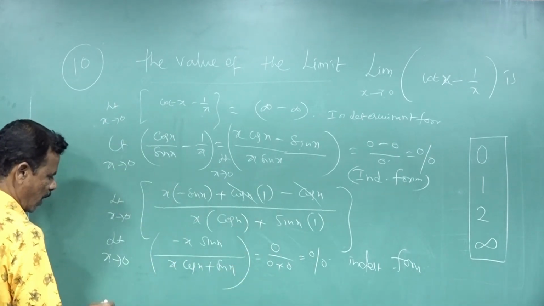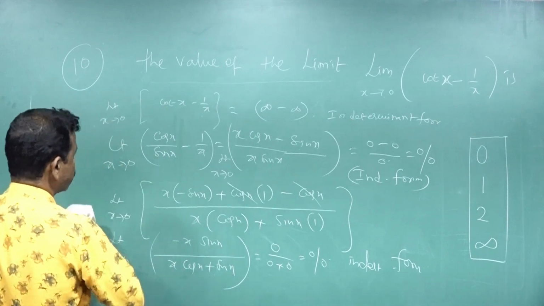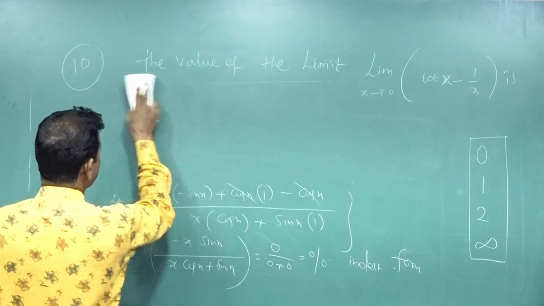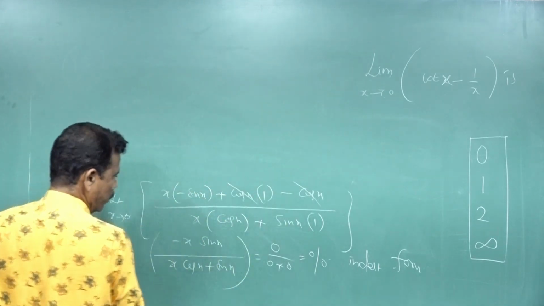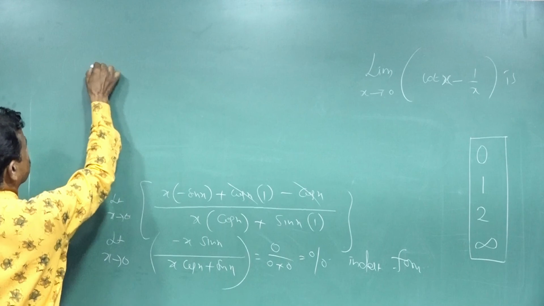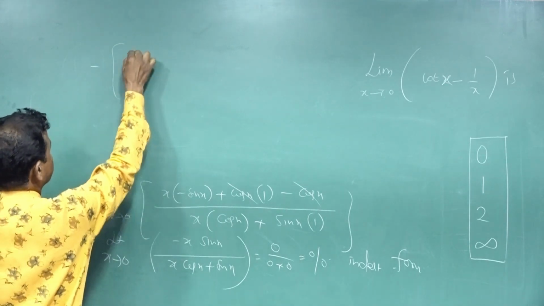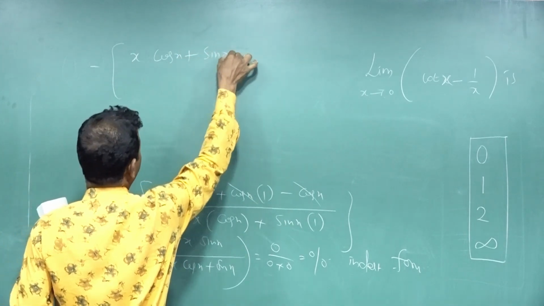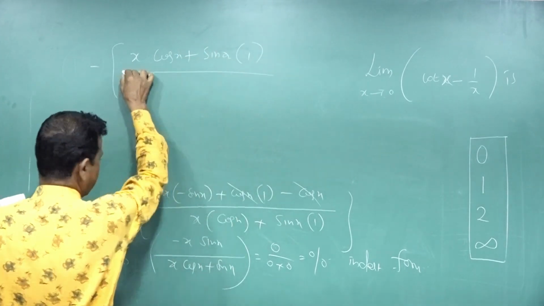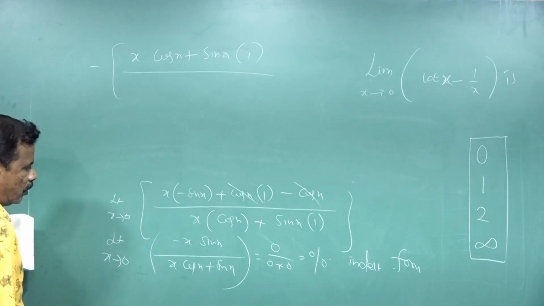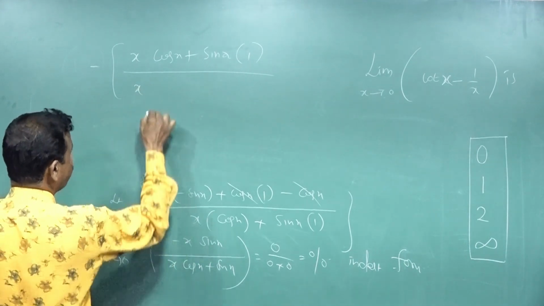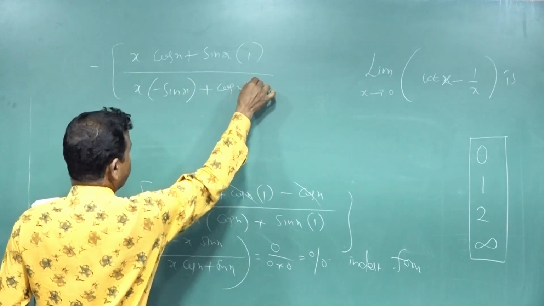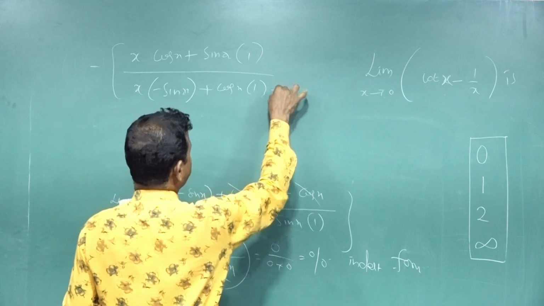It is 0 by 0 form, so again we differentiate both numerator and denominator. Minus x sin x: sin x into derivative of x sin x gives cos x, plus sin x into derivative of x, 1, divided by the derivative of the denominator: x cos x derivative minus sin x plus cos x into 1, and next the sin x derivative cos x.